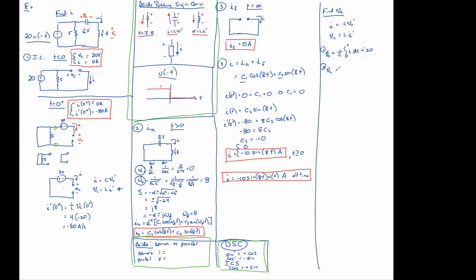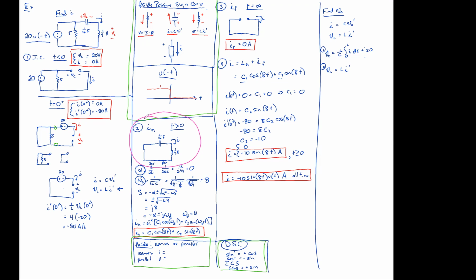V sub L is equal to L I prime. Now you're asked to find VC. Is VC the same as VL? No. VL would be negative VC. Yes, that's exactly correct. VL is negative VC. And to see that, go to this picture of what's going on for time greater than 0.